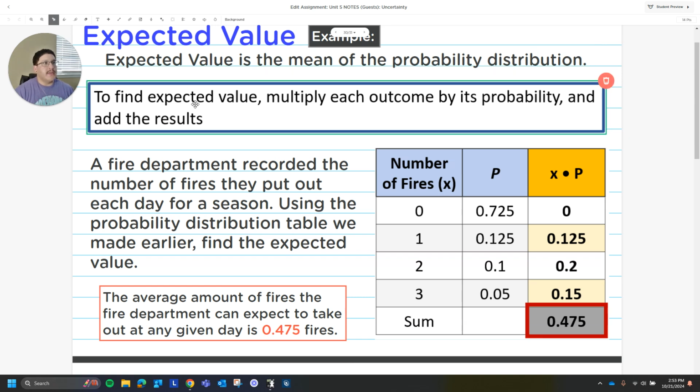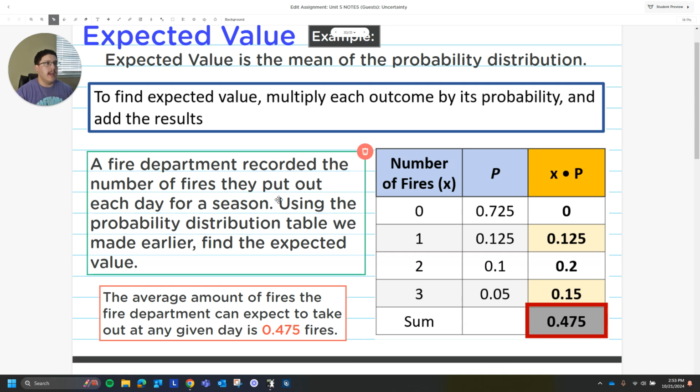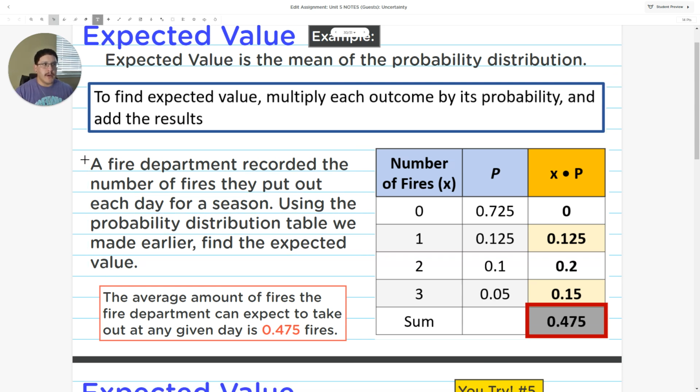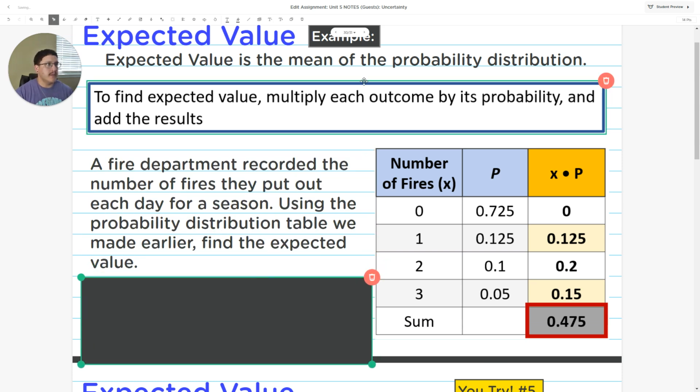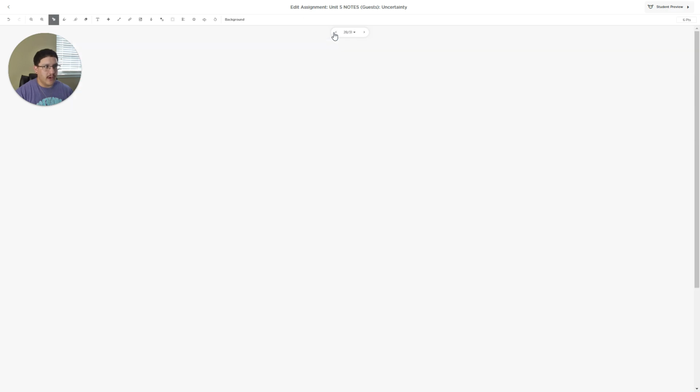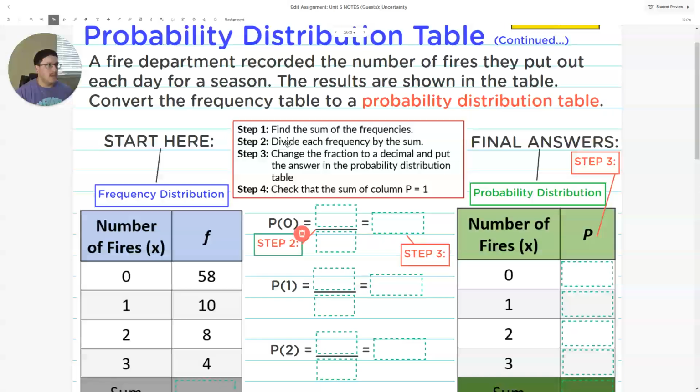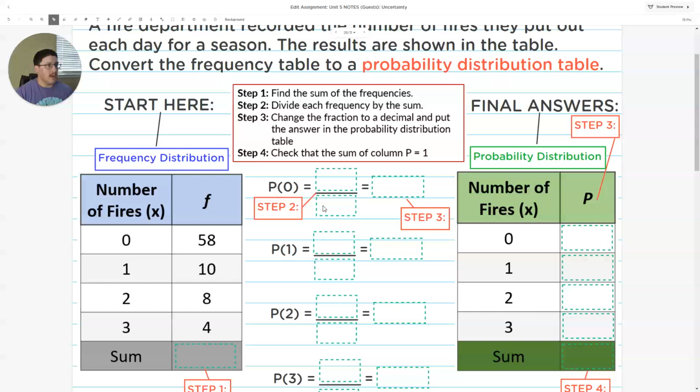To find the expected value, multiply each outcome by its probability, and then add the results. So in this scenario, we've already done this before. So we're going to continue on from a problem we did a few slides ago. Right here, I believe.